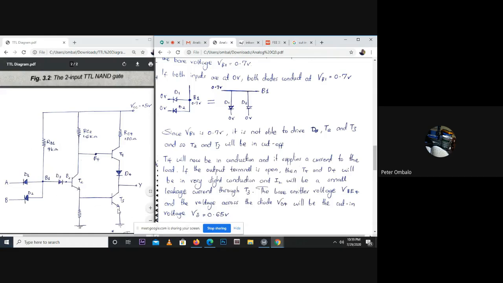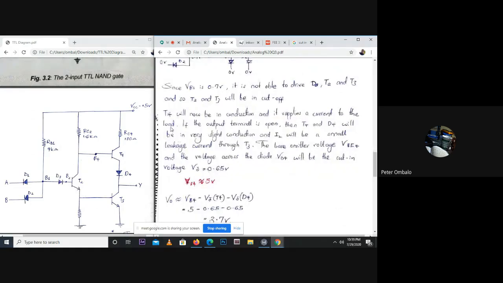And remember, T3 and T4 operate oppositely. If T3 is in cutoff, T4 has to be in saturation, but we will see in a moment. So T4 will now be in conduction and it supplies a current to the load.